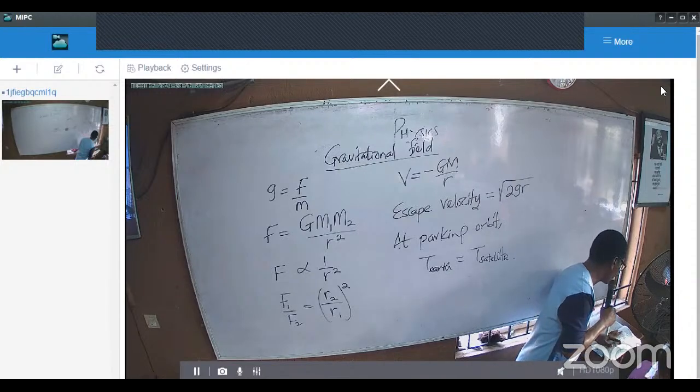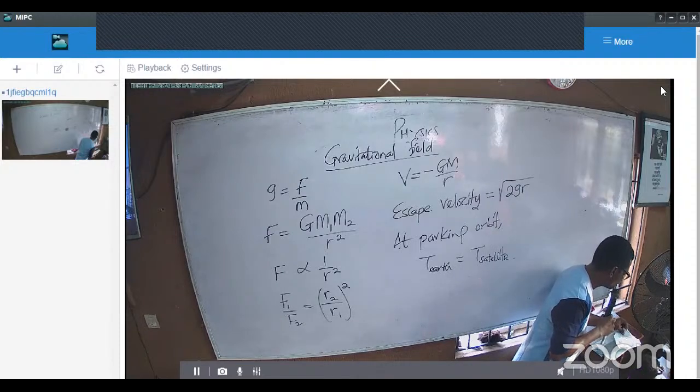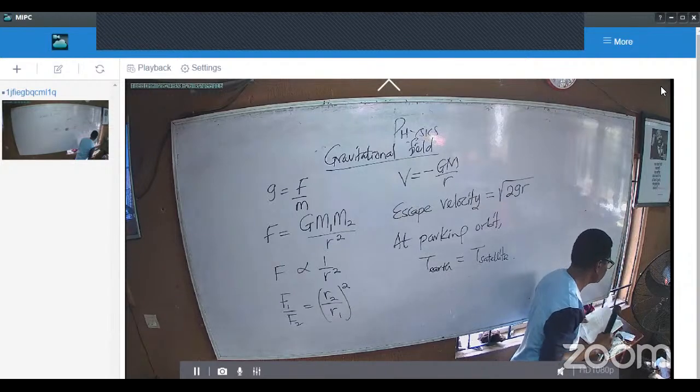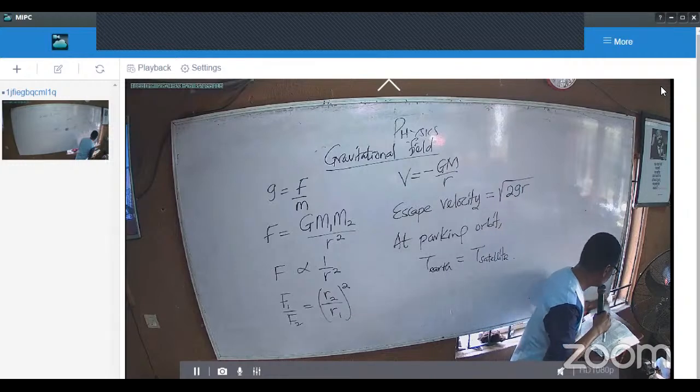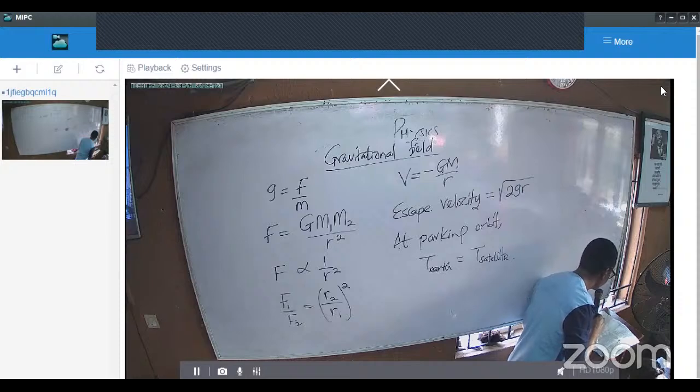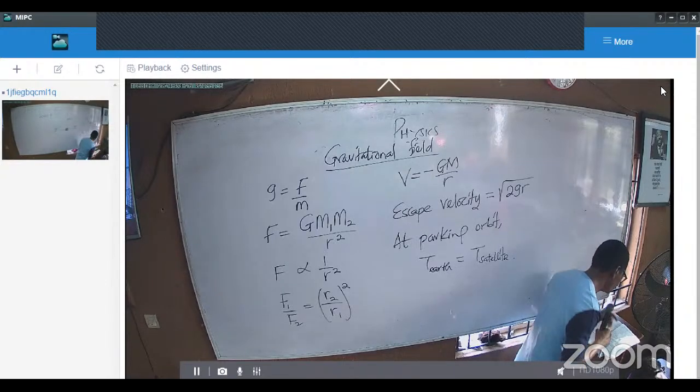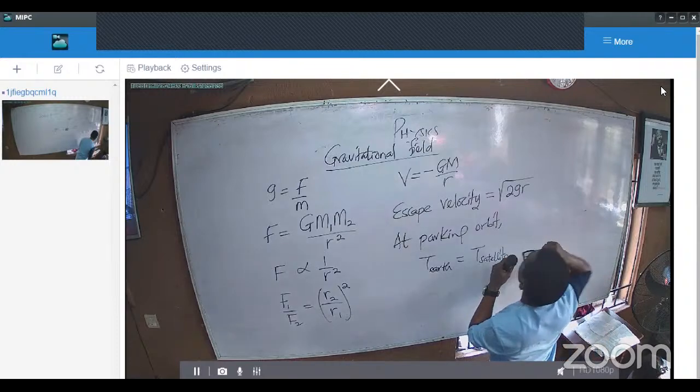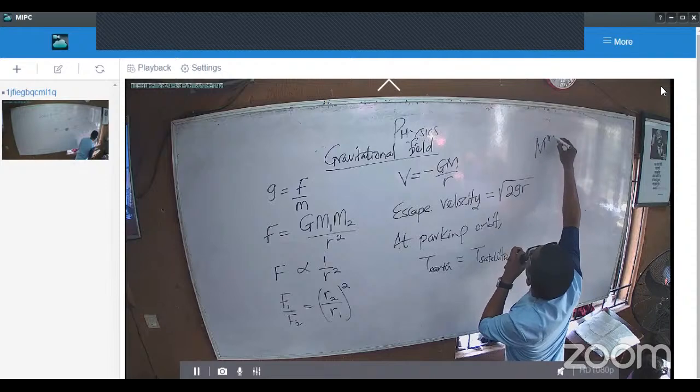Find the value of x, y, and z if the dimension of the gravitational constant is M raised to x, L raised to y, T raised to z.